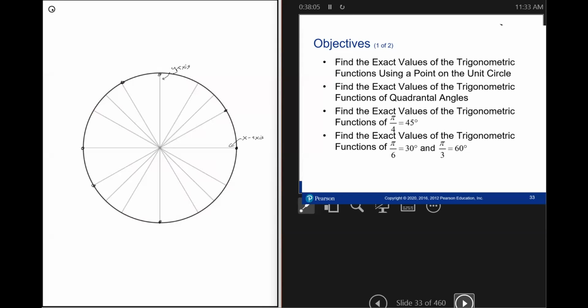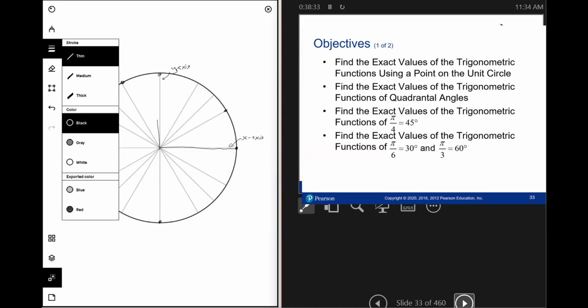So if we want to find exact measures, we can do that. Okay. And so find the exact values using a point on the unit circle, finding the exact values of the quadrantial angles. The quadrantial angles are the angles that are on the X and the Y axis.